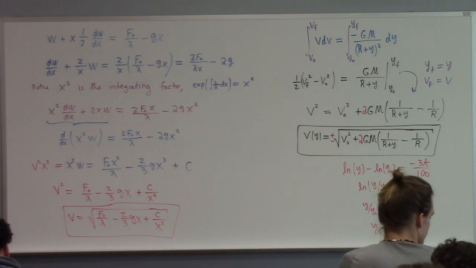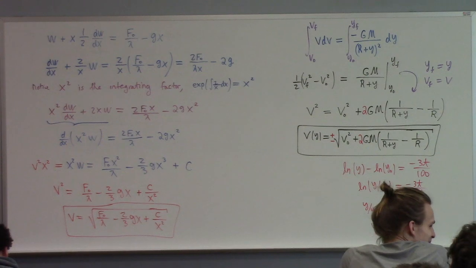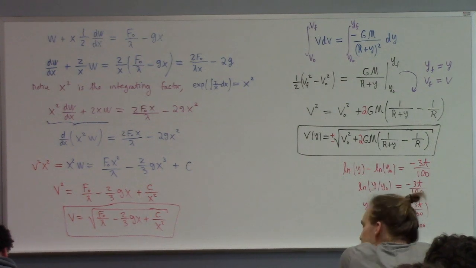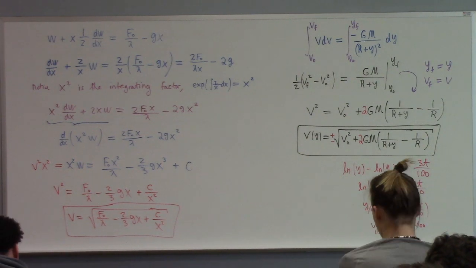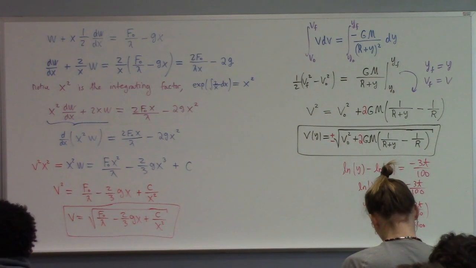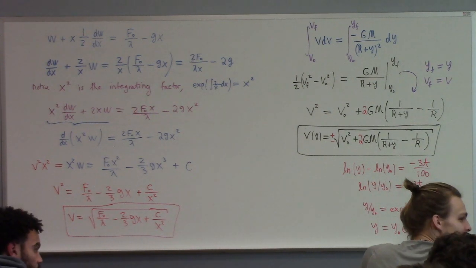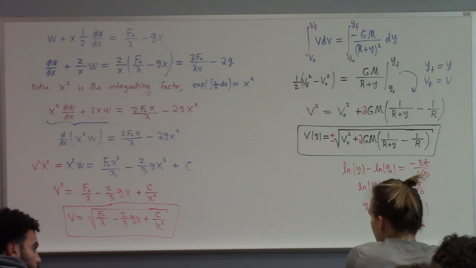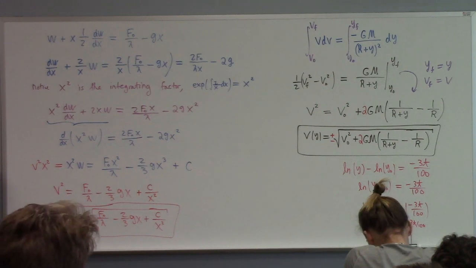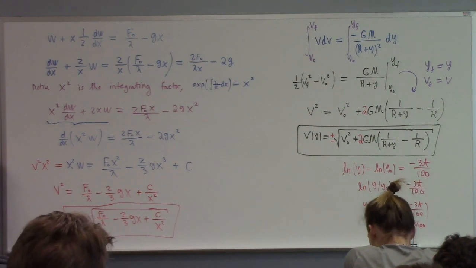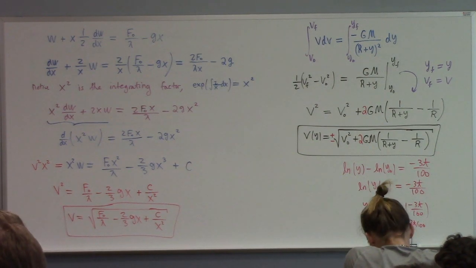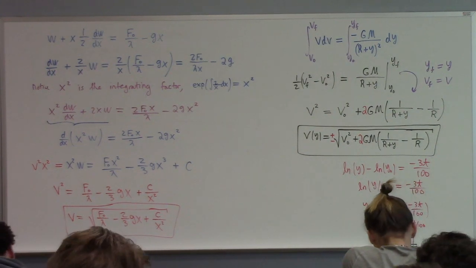Dividing by xv, I've got dv dx plus 1 over x times v equals F naught over lambda minus gx, times v to the minus 1 over x. So you can see that the equation we were facing at the start is in fact a Bernoulli equation, with n equals minus 1.